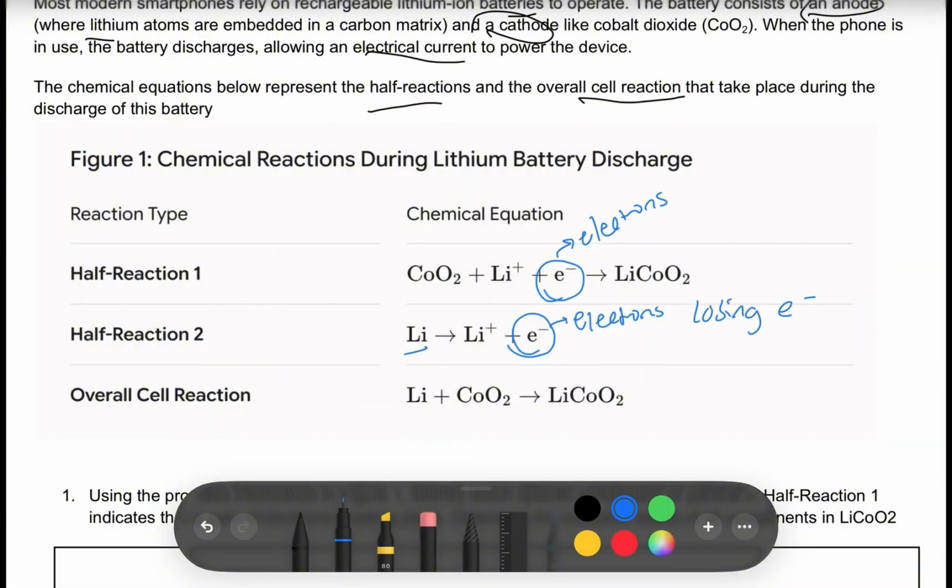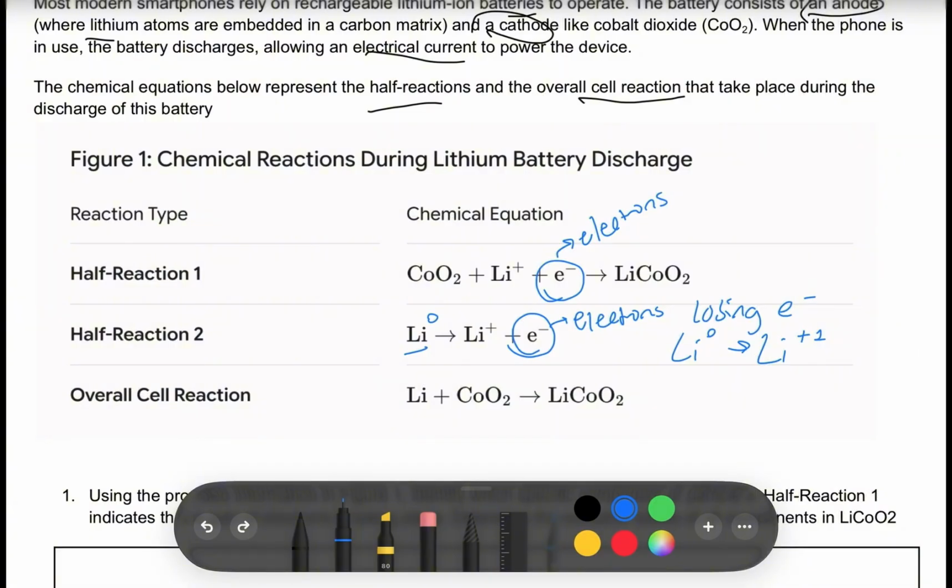We can also tell because we see that Li is going from, we have our invisible 0 there, to an Li+. And we can assume that's Li+1 because we only have one singular electron being lost. So again, if we're losing an electron, we're getting rid of that negativity and we're becoming more positive.